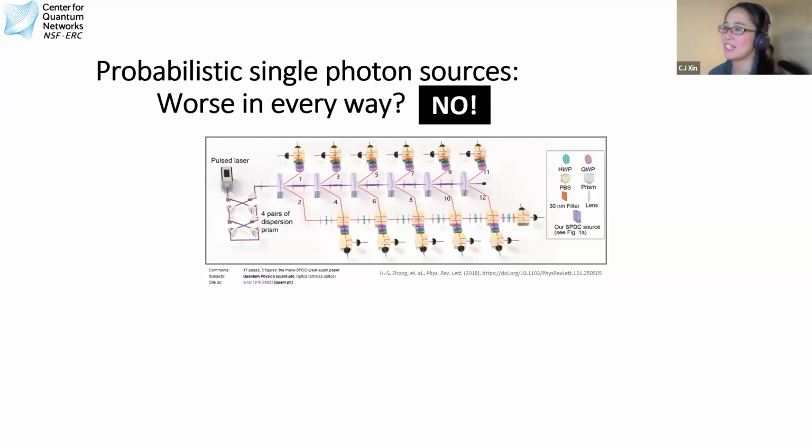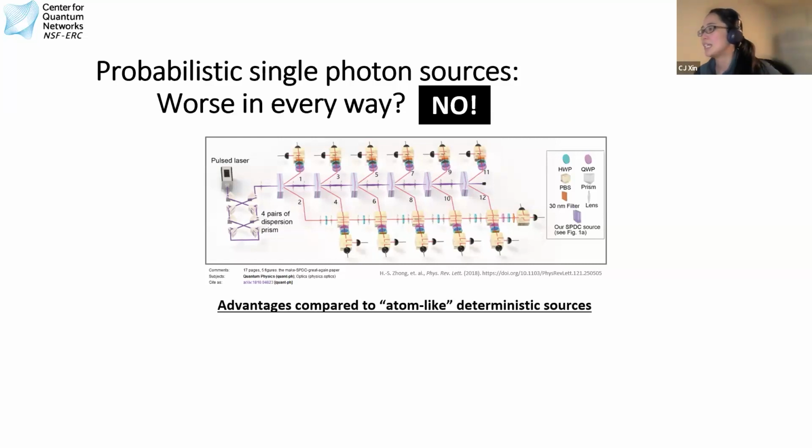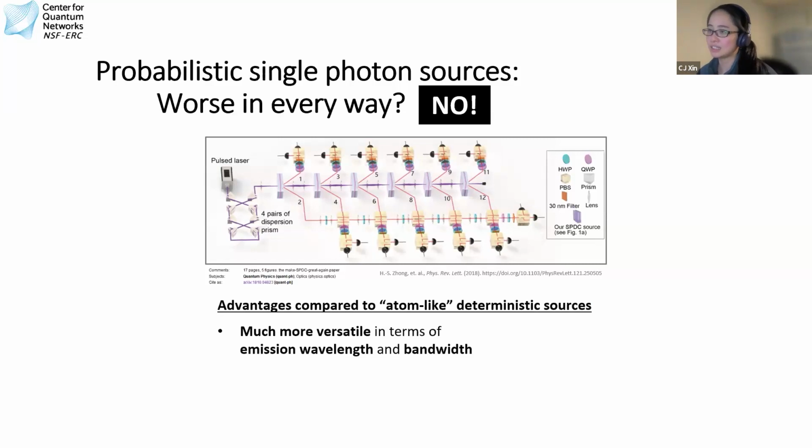So there must be some advantages, right? If people are using it so much. Well, the reason is actually this. These sources end up being much more versatile in terms of emission wavelength and bandwidth. And we will talk a little bit about why. But roughly speaking, you generally can turn this into a problem of engineering the device structure and geometry rather than engineering the material.